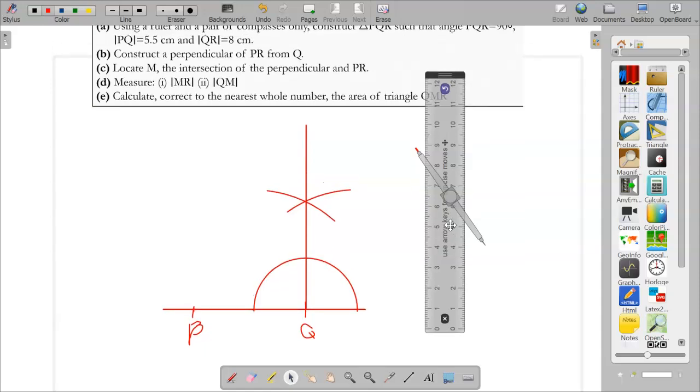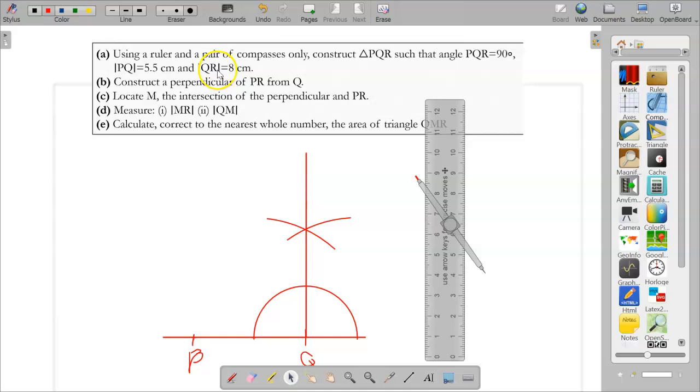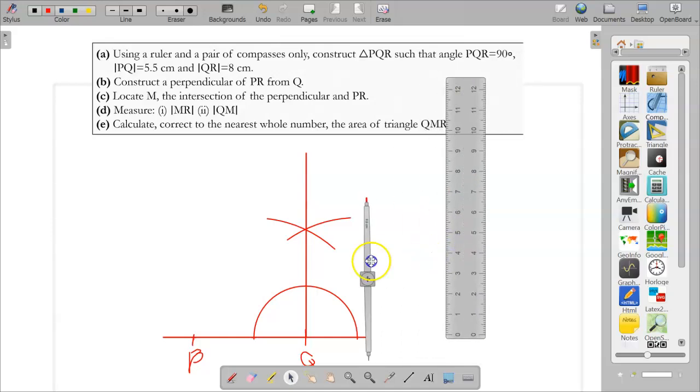According to the question, the distance between Q and R is 8 centimeters. So I will use my compass again, position it on the ruler and measure 8 centimeters. Okay, that's fine here. Then put the compass point on the point Q, and I will draw an arc to cut the perpendicular line, so I can get my distance QR.